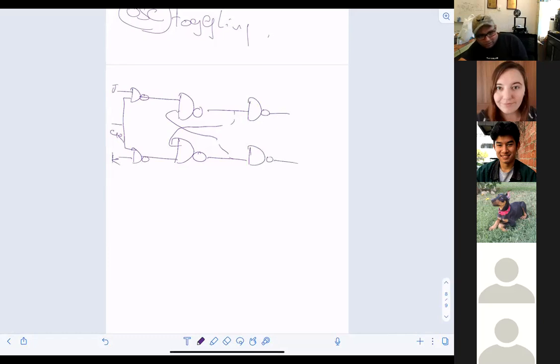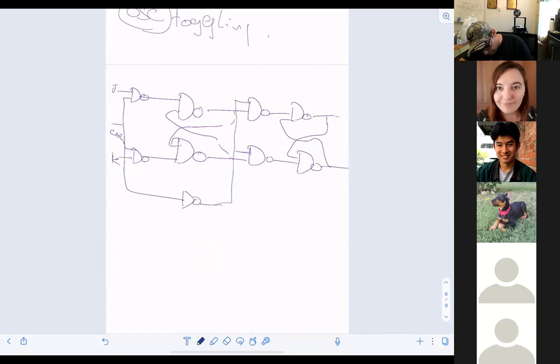Okay, and then this latch is connected like this. Then we're going to go like this. I'm going to go like that. Okay, then somebody will tell me what is the next one. The next one will be taking the clock and flipping it. Then I will do it like this.